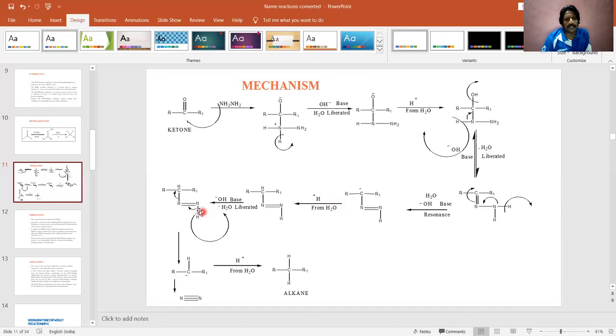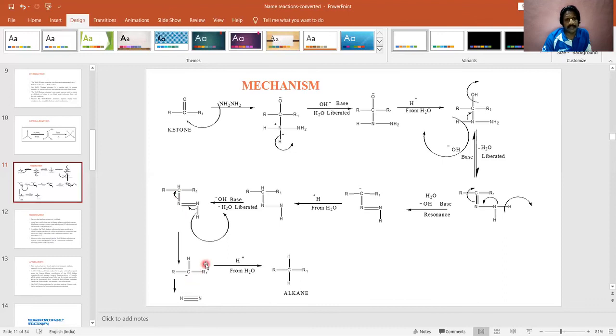Okay, now the second hydrogen is also being taken up by this OH minus ion that is left behind now. Now what happened? This pair of electron will be moving to here, and this pair of electron will be moving to here. That ultimately results into our second carbanion along with the formation of N triple bond N. Because nitrogen as nitrogen gas has better stability, it can be bubbled up from the reaction mixture. It can go out from the reaction mixture, leaving the pair of electron to carbon with the formation of N triple bond N. So now again the carbon has the minus charge.